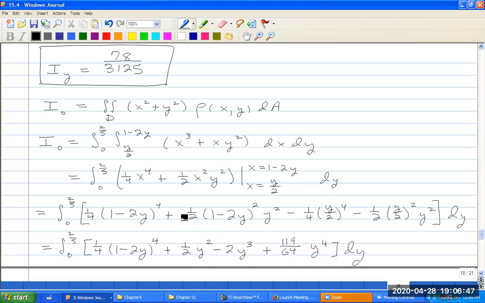I get 1/2 times negative 4y times y squared is negative 2y cubed, plus 4y squared times 1/2 times y squared is 2y to the 4th, 1 over 64 y to the 4th minus 1 over 8 y to the 4th.